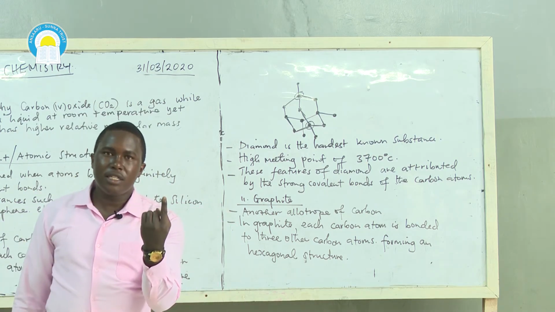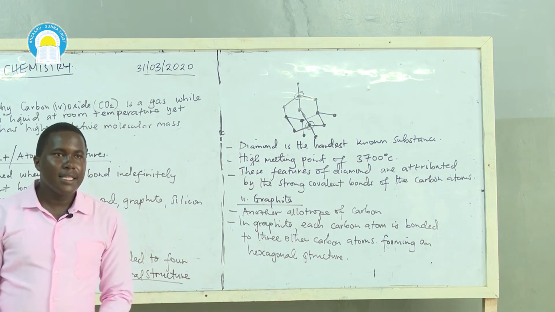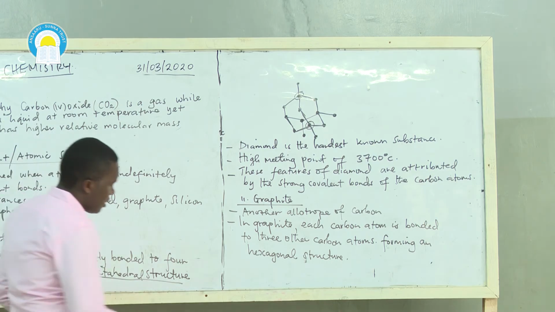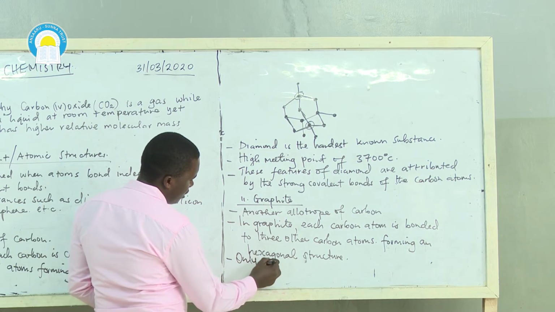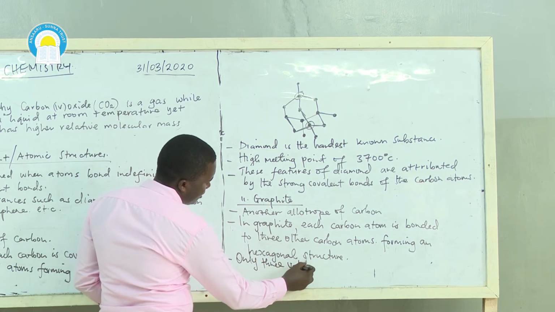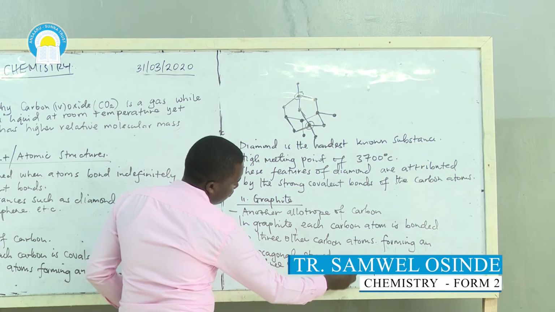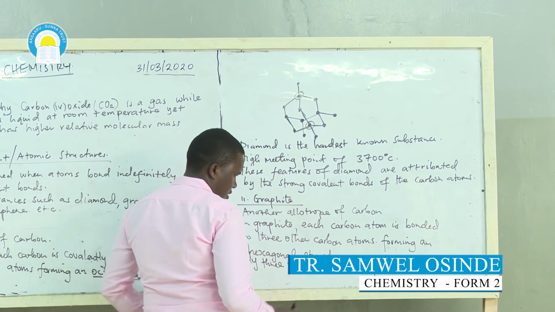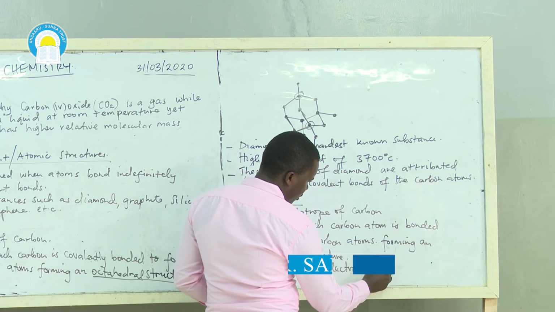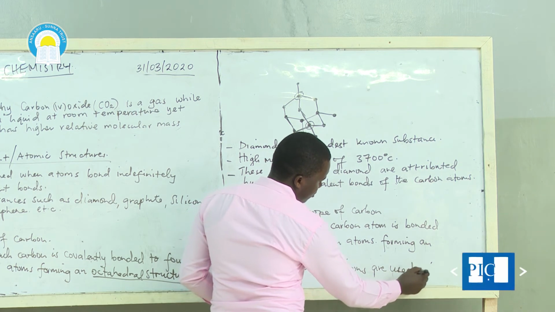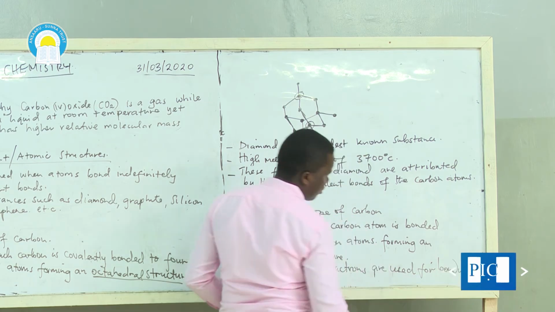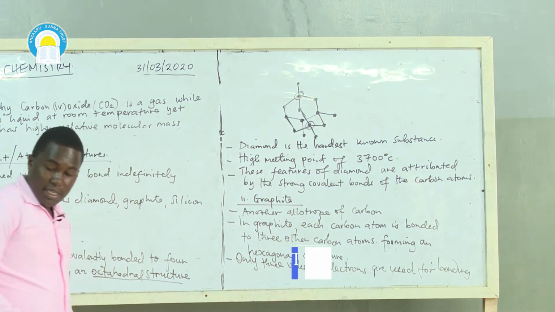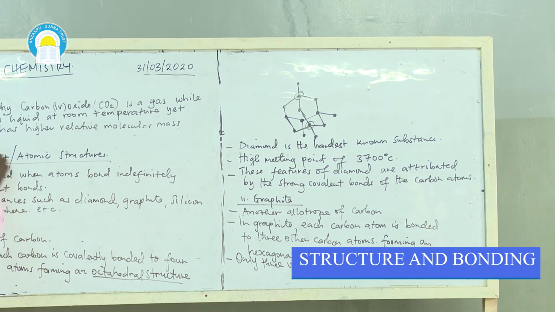Because there is 1 electron which is delocalized, and that is what conducts electricity. So only 3 valence electrons are used for bonding, and therefore the 4th electron is delocalized.